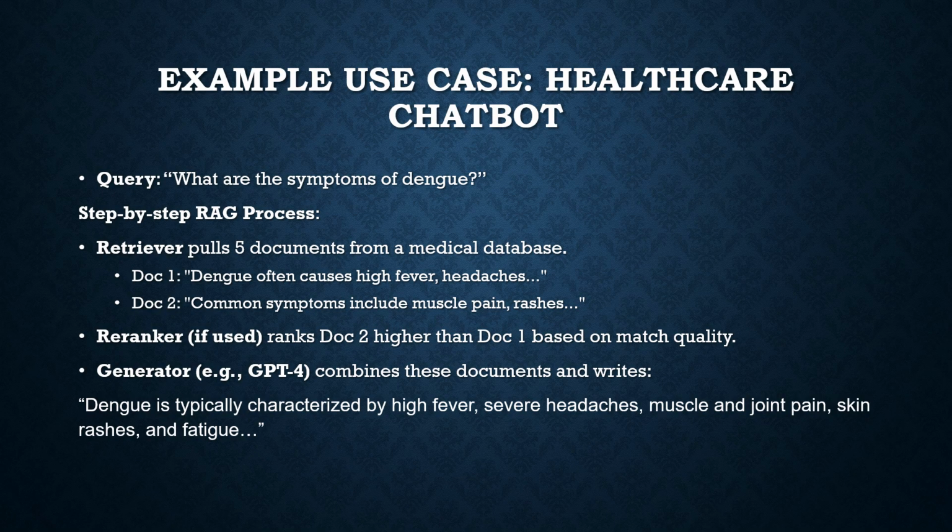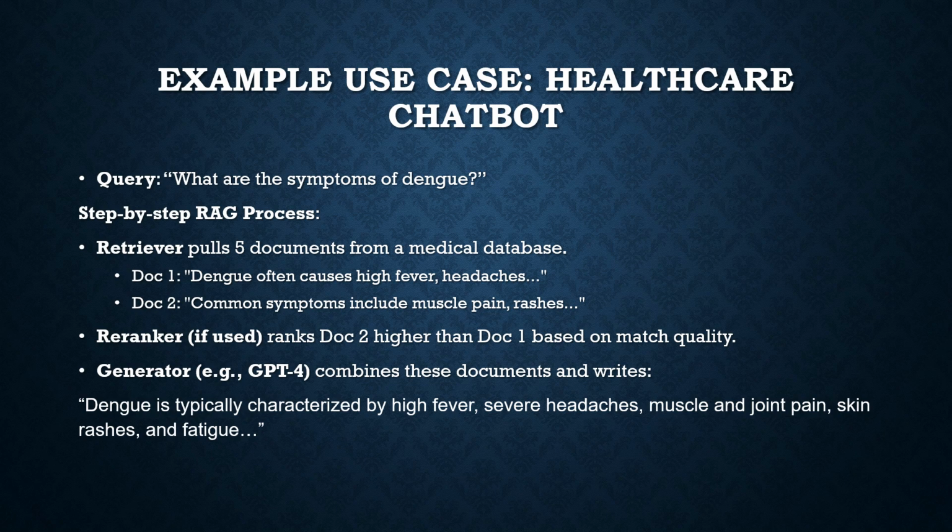Here you can see the symptoms are provided in the second document. So the rank will be higher for document 2, and it will not consider document 1, because in real projects there are so many documents, and you cannot suggest all that information to the user because it will misguide them.